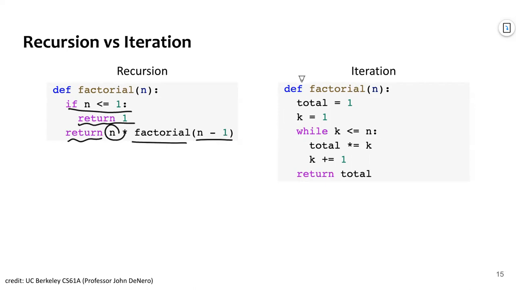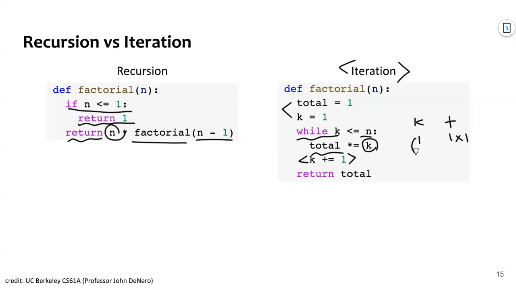And we can implement this factorial function using iteration, the loop we learned. So in this case, what we're going to do is define two numbers, total and k. While k is smaller than n, we're going to increment k one by one, and we're going to multiply this k to total, right? So at first, k is 1, and total becomes 1 times 1.